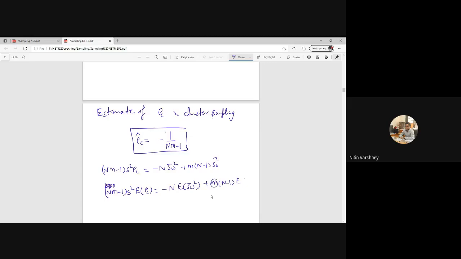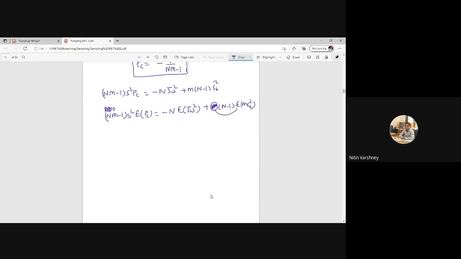We know that m S w square here. So remember this, and (nm minus 1) S square expected value of rho c is equal to minus n capital S square plus (n minus 1) capital S square. Okay, from here we will get this expected value of rho c, that is minus 1 upon nm minus 1. Okay, got it? Any doubt?